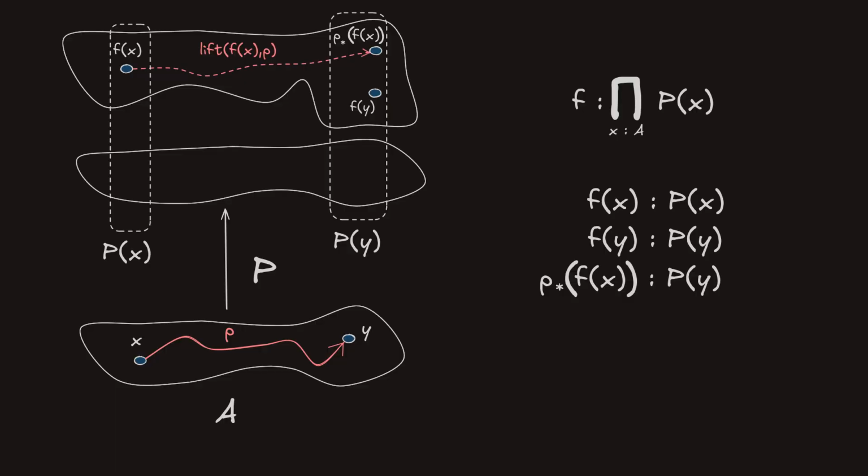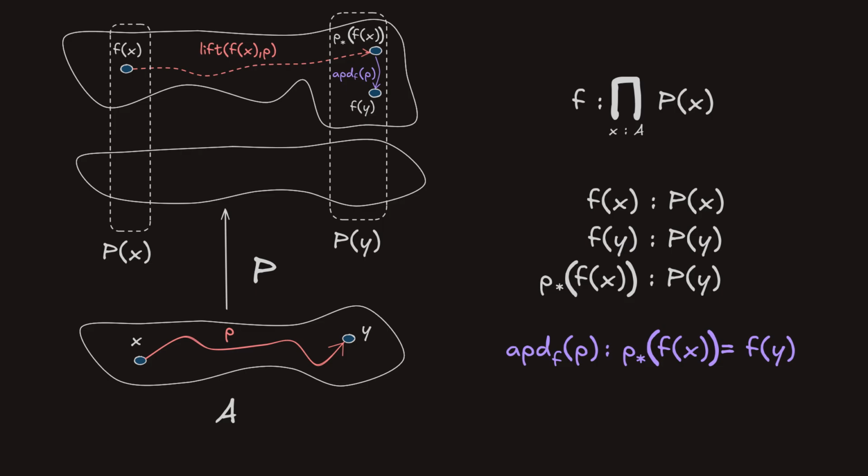Then, to complete the path, we can use the path induction principle to construct the path apd f of p in the fiber lying over y from p star f x to f y.